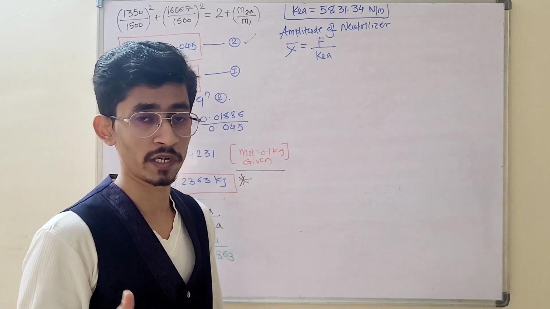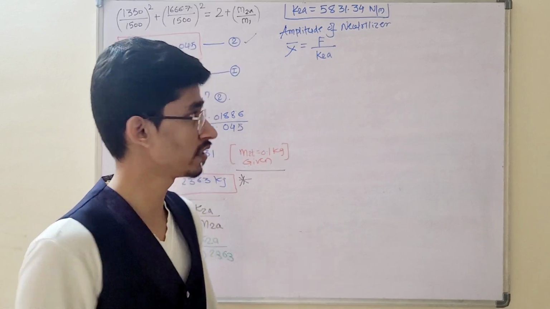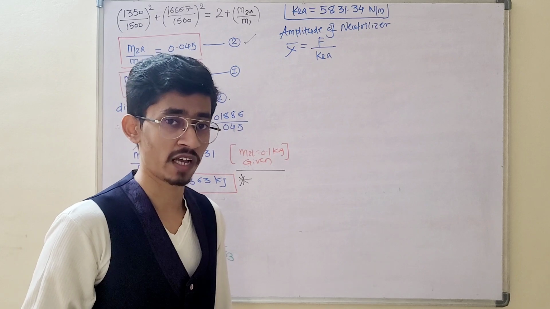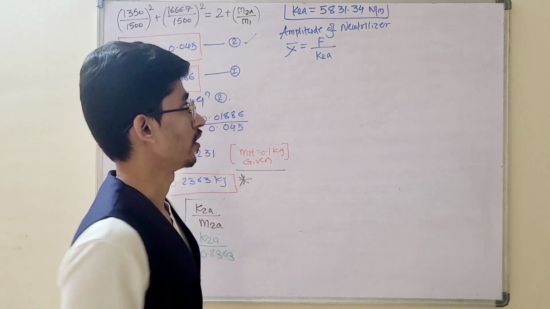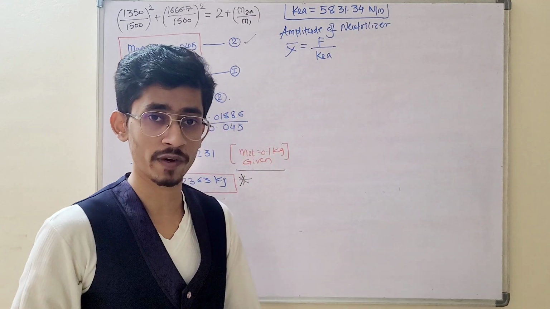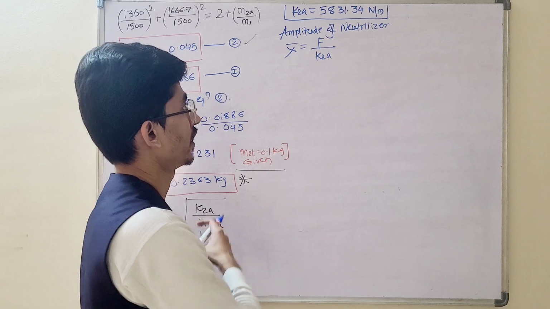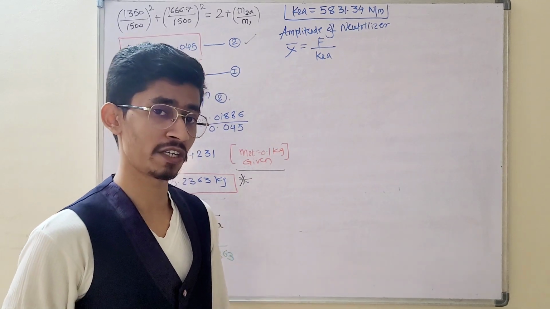So the spring constant is going to be utilized. Force is given in the question itself. From here onwards we are going to see the new concept asked in this question. The air conditioning plant question is similar till here. We were finding out m2a and k2a, and till this data we have solved it in a similar fashion to the air conditioning plant problem.